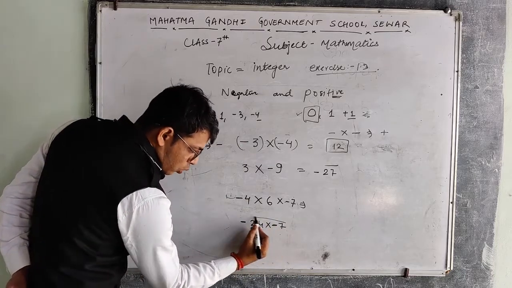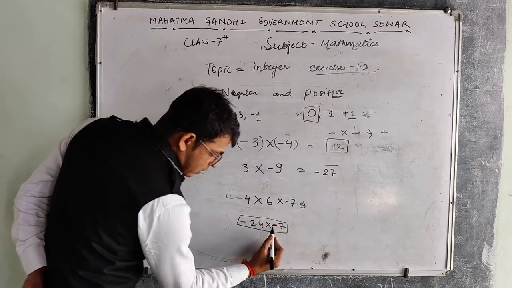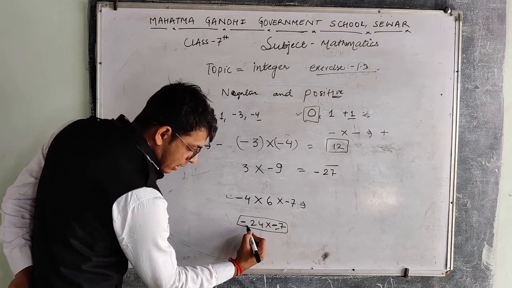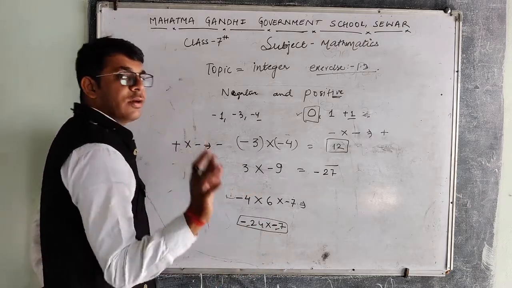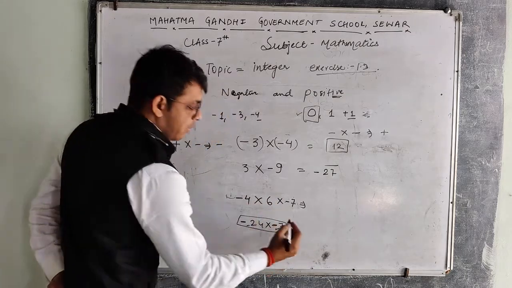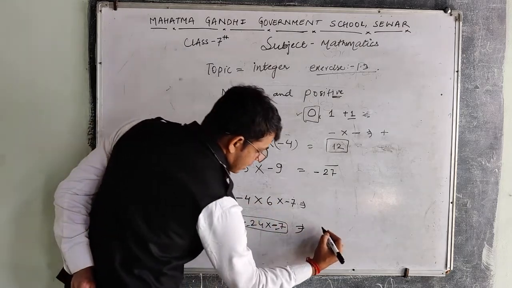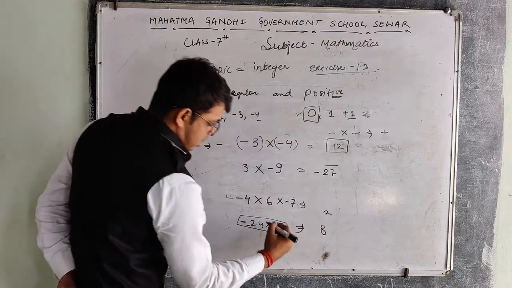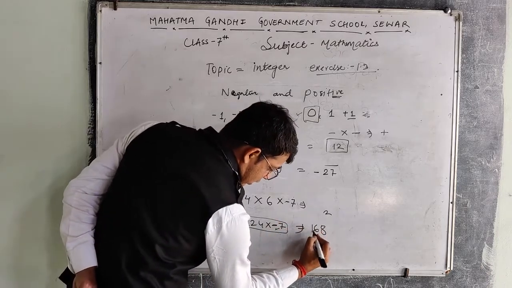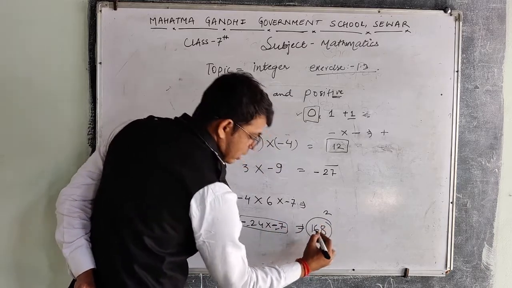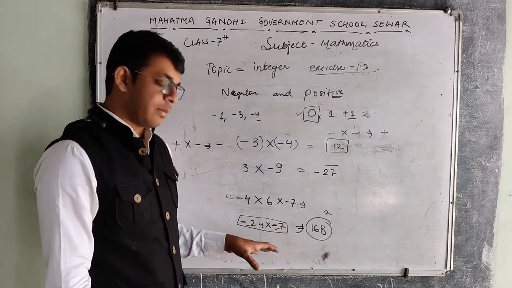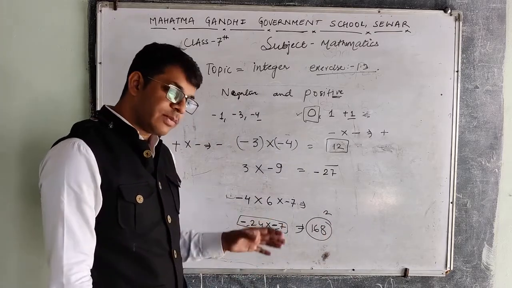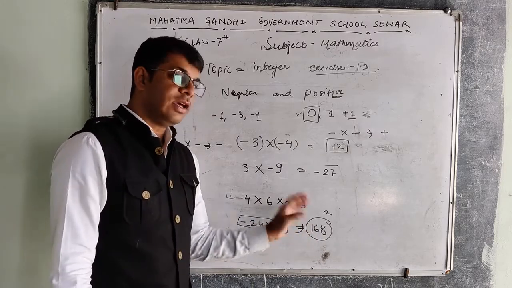Because both are negative, the result will be positive. If we multiply them, 7 fours are 28, and 7 ones are 14, or 2 16. The result will be 168. It means that when two negative signs are multiplied, the result will always be positive.